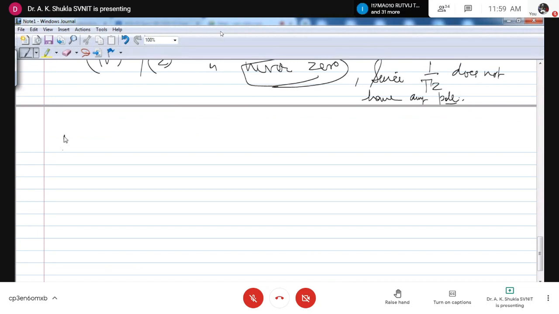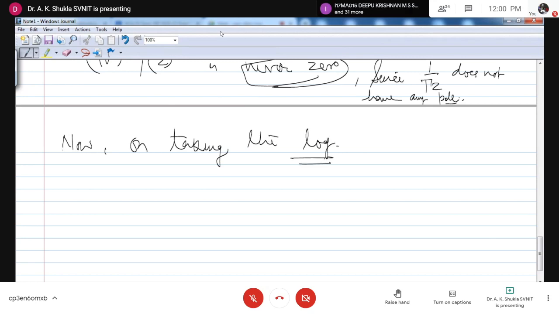Now taking the log of each member, or both the sides, taking the log of 1 upon gamma z.